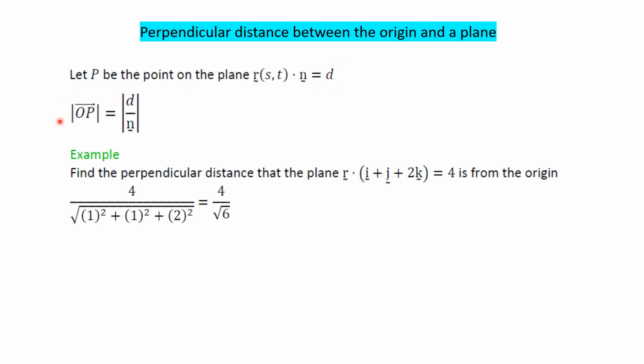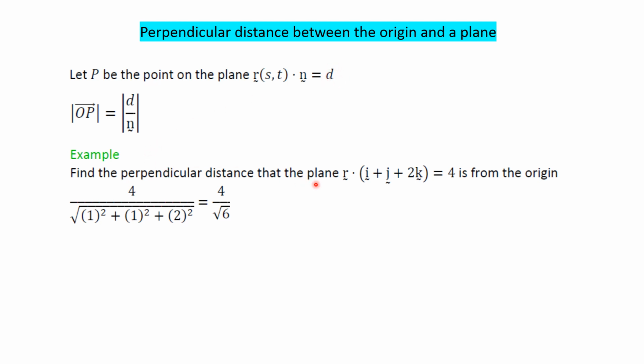The formula for the distance is just that constant divided by the magnitude of the vector n. The constant d is just the dot product between a position vector and the normal vector.